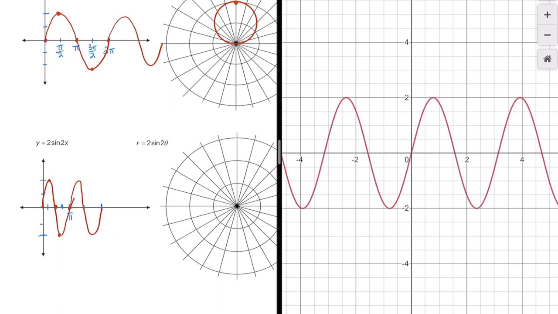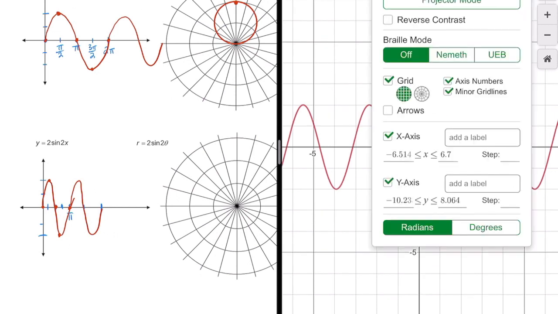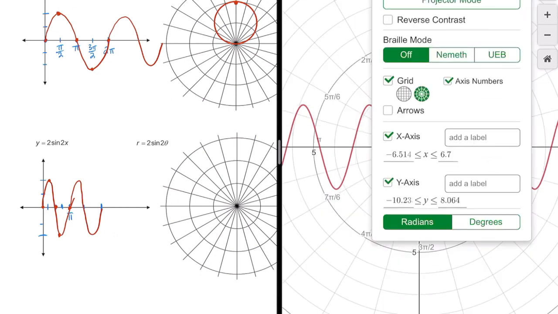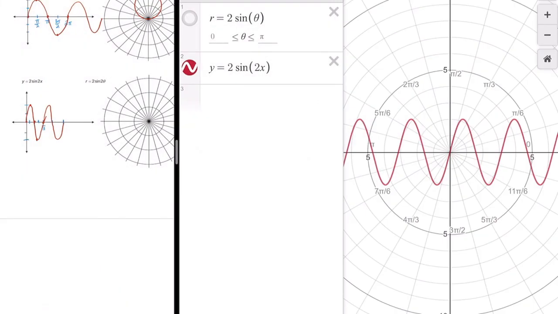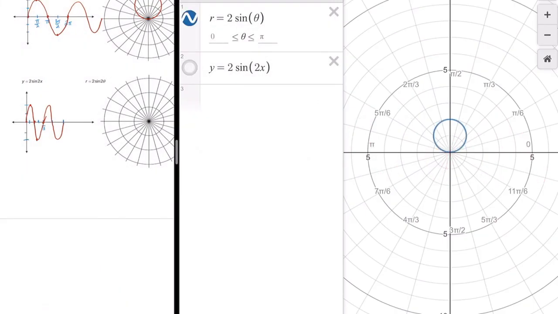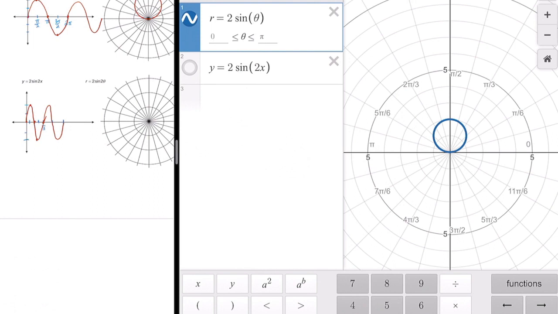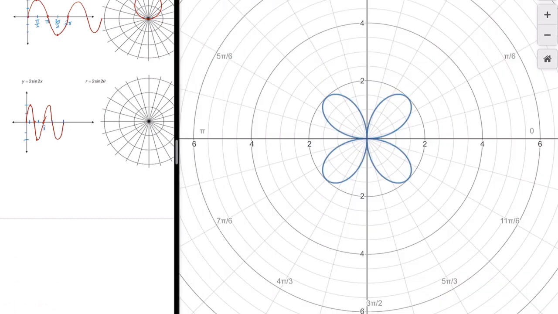How does that change the polar graph? This is where it gets fun. So I'm going to change it to polar, and I'm going to hide this graph, and then we are going to make this 2 sine of 2 theta. Oh, look at that.